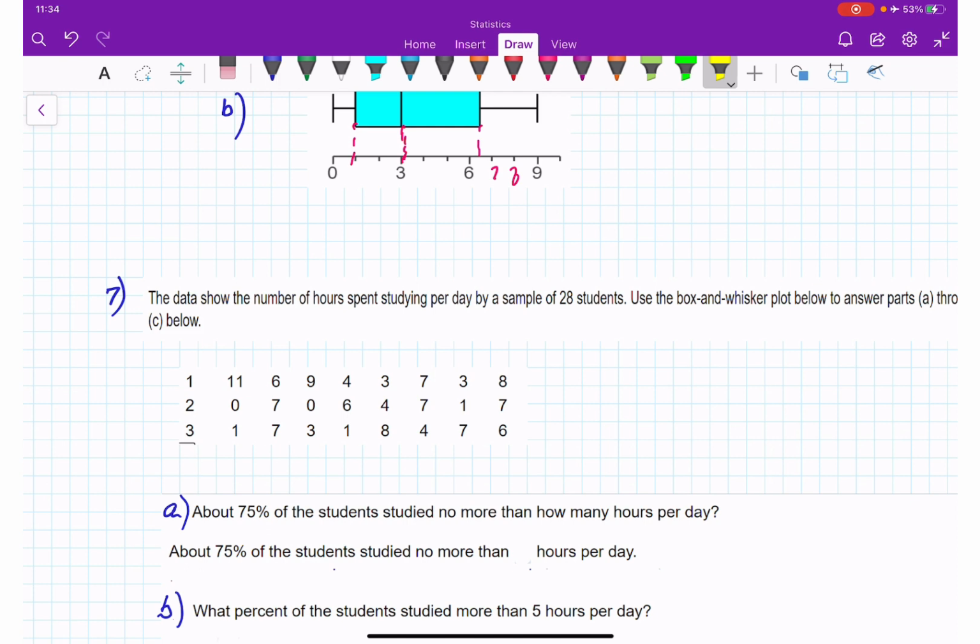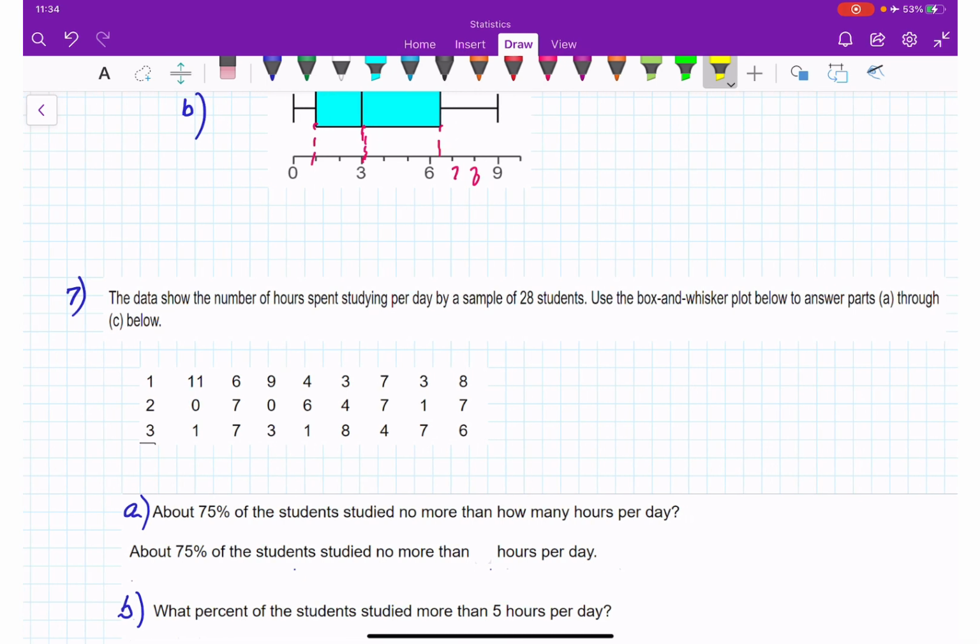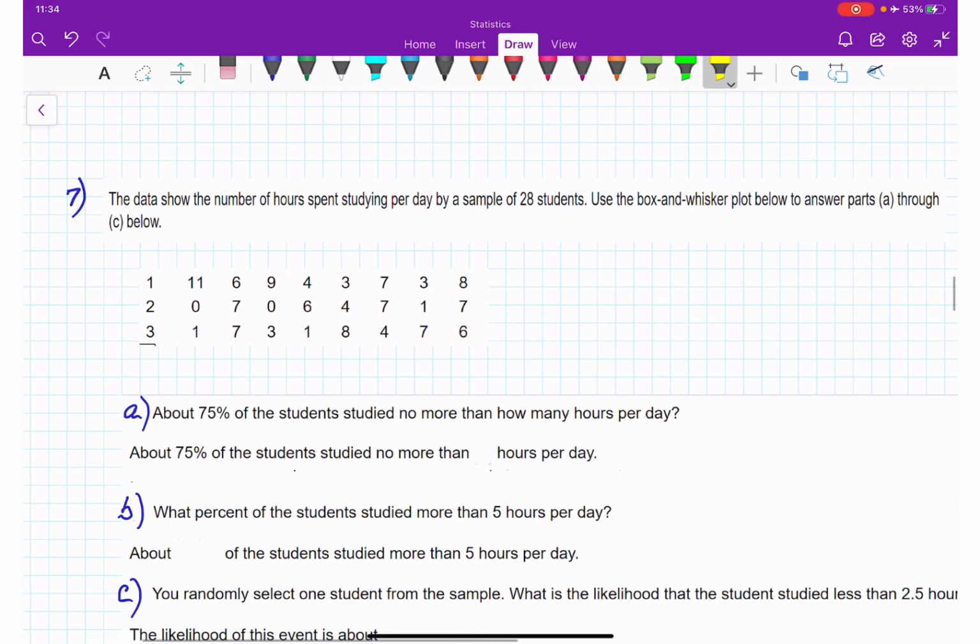Use the box and whisker plot below to answer A, B, and C. It says about 75% of the students studied no more than how many hours per day. What do you have to do? You need to arrange in ascending order, like here you have 0, 0, and then 1, 1, 1, and so on.